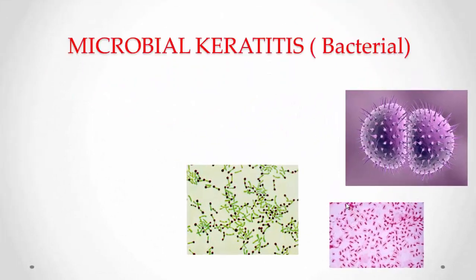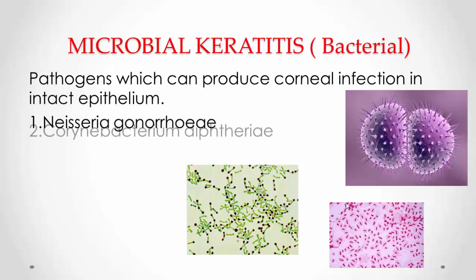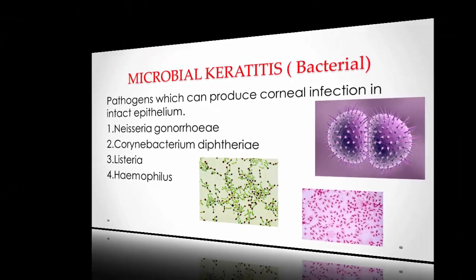Other bacterial microorganisms that can cause corneal infection in an intact epithelium include Neisseria gonorrhoeae, Corynebacterium diphtheriae, Listeria, and Haemophilus organisms. All of these four organisms can produce corneal infection in an intact corneal epithelium, so they are very dangerous types of infectious bacterial keratitis.